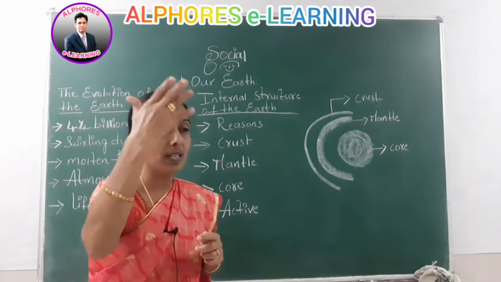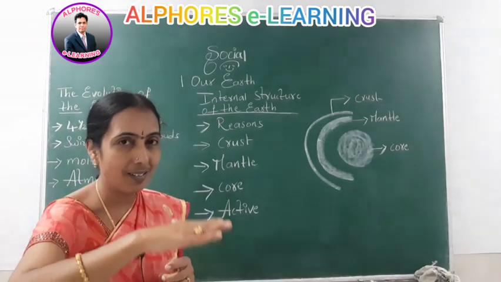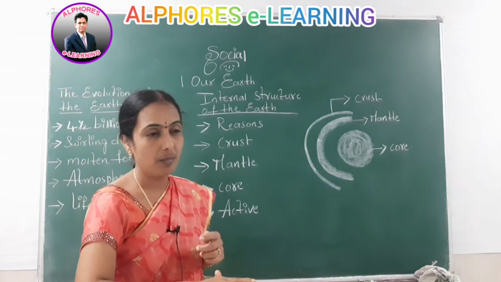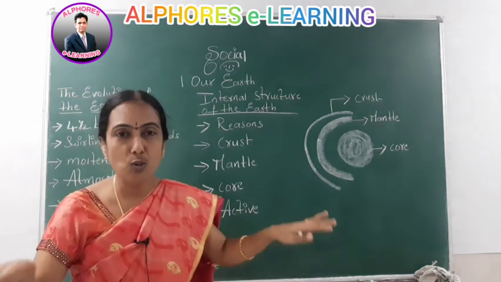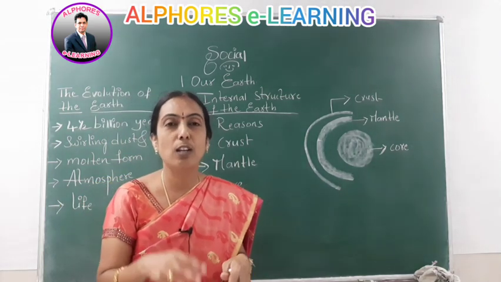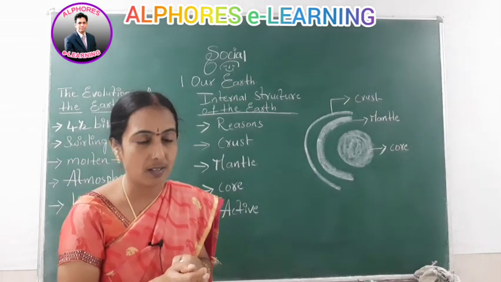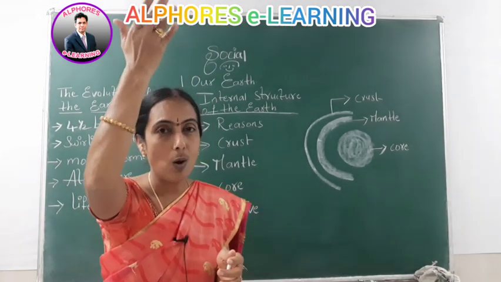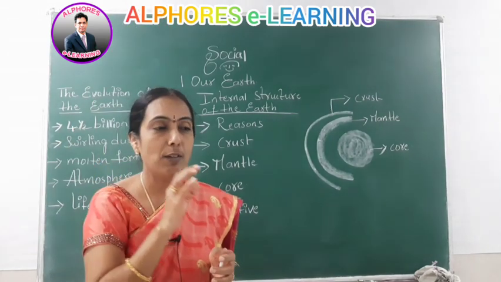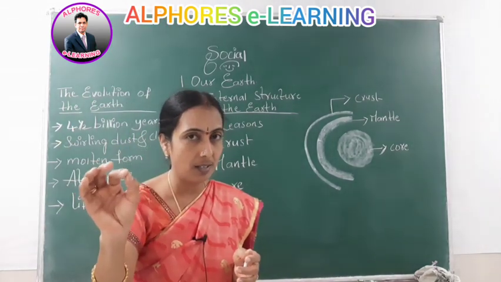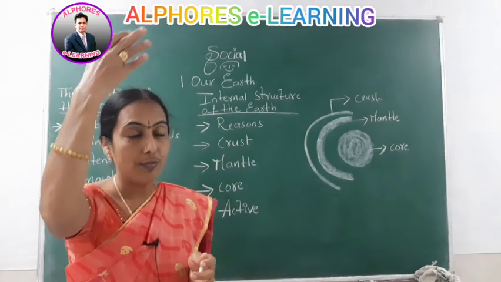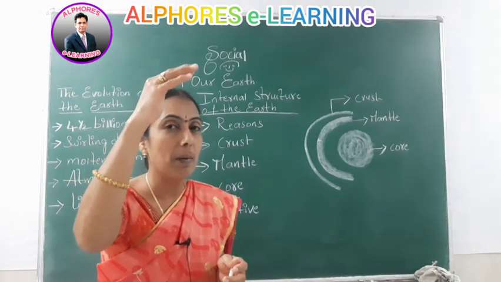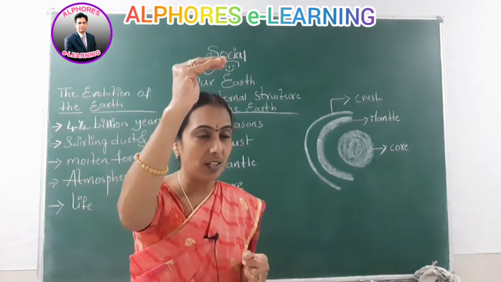For every 1000 meters, the temperature decreases at a rate of 6 degrees Celsius. Take for example the room where I am standing and explaining: if the room temperature is 40 degrees Celsius, and I move 1,000 meters up, the temperature will be 40 minus 6, so 34 degrees Celsius.